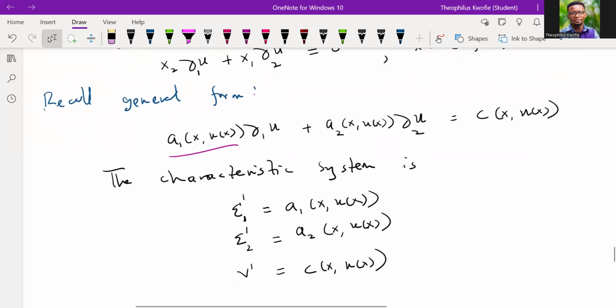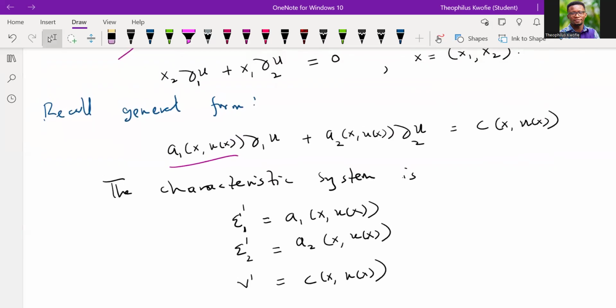Good. Now, by using this, we can see that per the given PDE, our A1 is X2 and our A2 is X1.